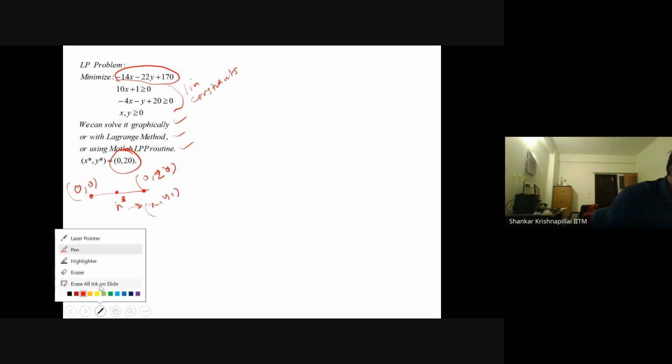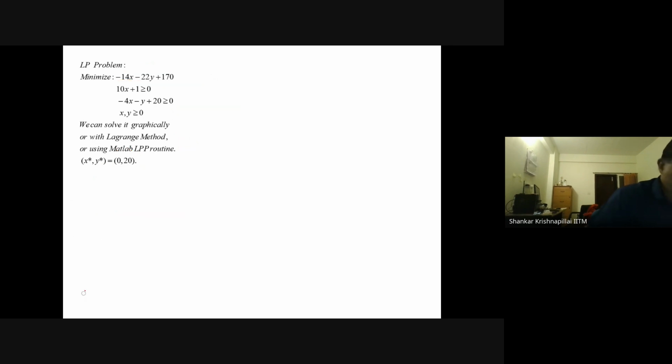The next step, as per the Frank-Wolfe method, is to do the line search on the line joining 0, 0 and 0, 20. On that line, you have to find h star, and that will give x1, y1. That is done here.